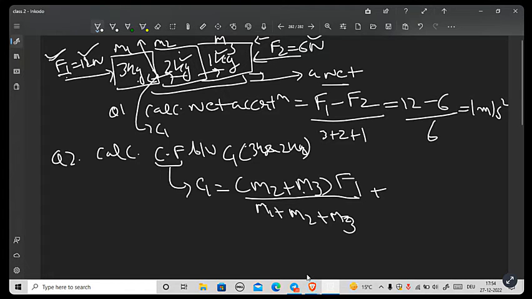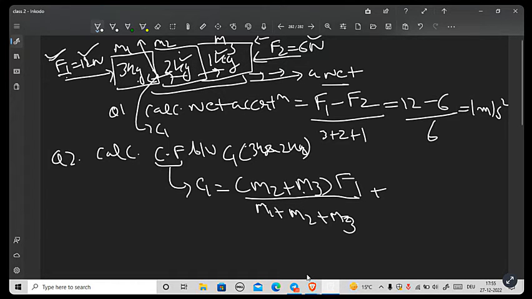So I cannot say that it is responsible for pushing both the 1 kg and 2 kg blocks on the right side, because I can clearly see that the F2 force is pushing this 1 kg block towards the left side. So I cannot say that the F2 force is pushing both the 1 kg and 2 kg blocks towards the right side.